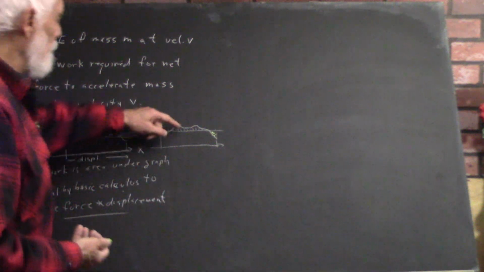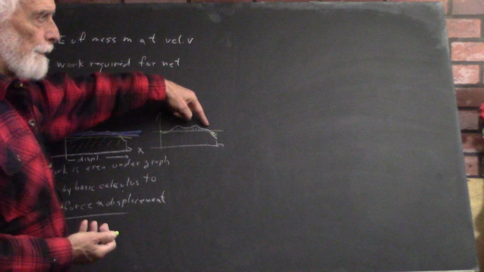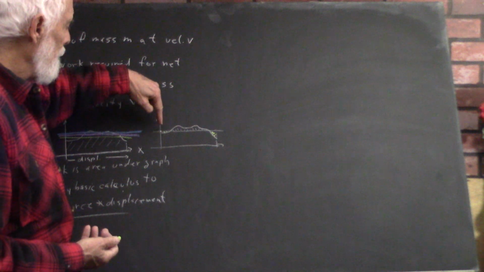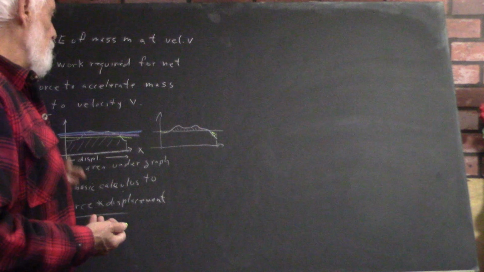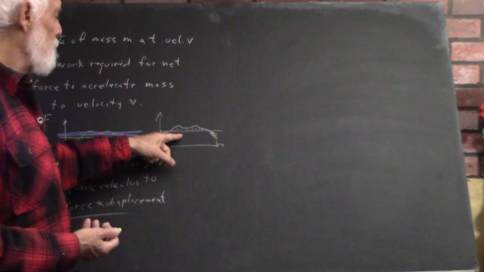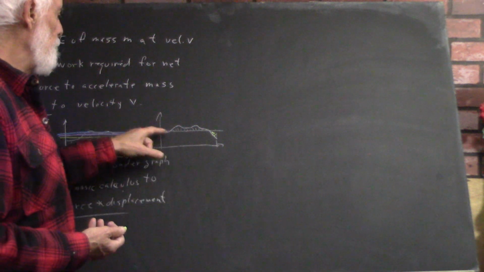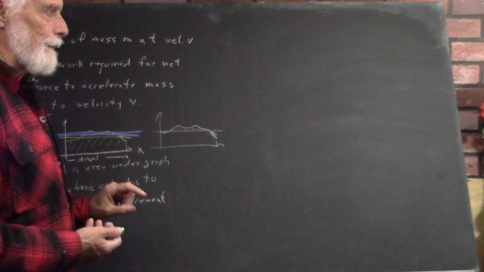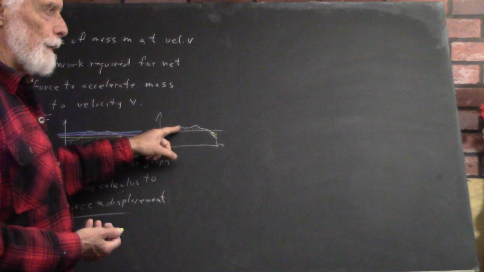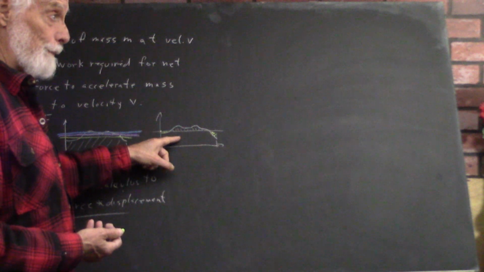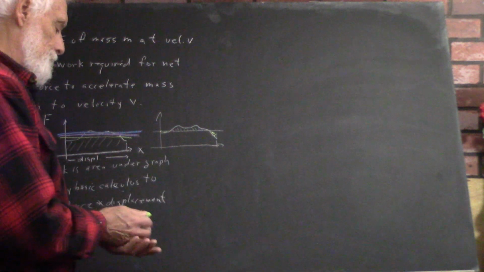The shaded region above should have the same area as the shaded region below. In this case, which one is greater, the shaded area above or the shaded area below? It's pretty obvious that there's more shaded area above than there is below. Okay?